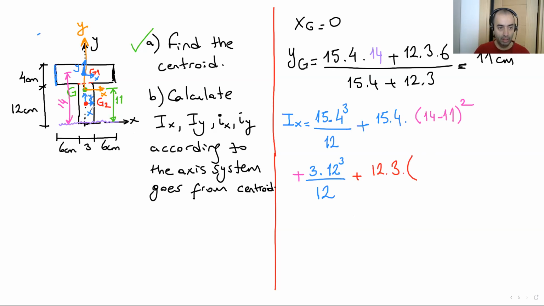Here the distance is 11 minus 6, squared. So that's it.